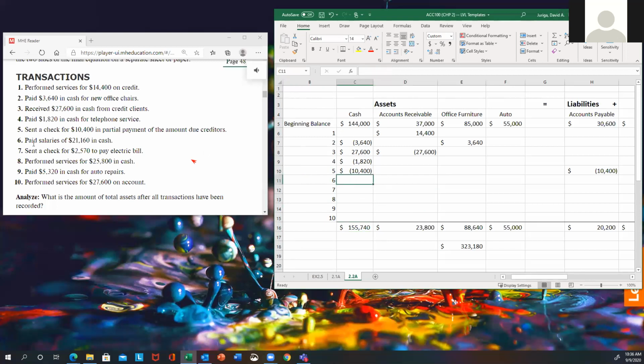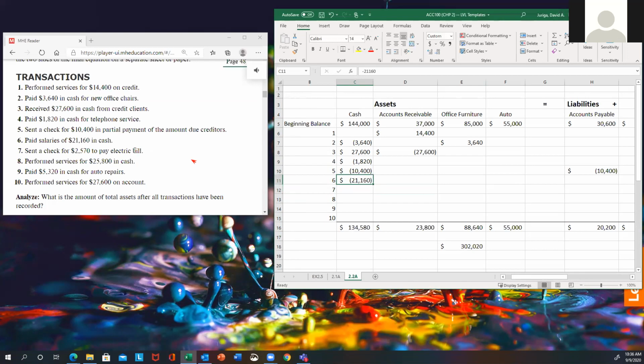All right, number 6, paid salaries, 21,160 in cash. So I'll go to cash, and should cash increase or decrease? Decrease. Are we all saying decrease? Number 6, cash should be a minus.